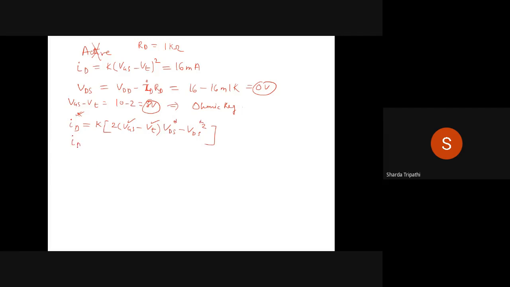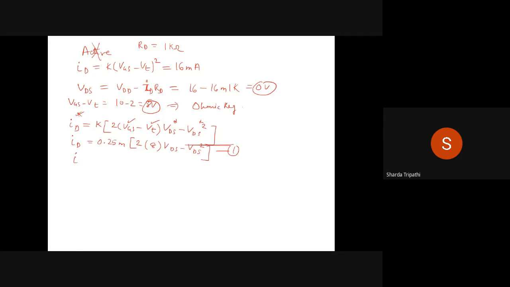So let me substitute the values. This will be ID is equal to 0.25 milliamperes into 2 times 10 minus 2 is 8 multiplied by VDS minus VDS whole square. So let me say that this is my first equation. So based on the characteristics of the enhancement type MOSFET, I wrote this equation by using the standard formula.